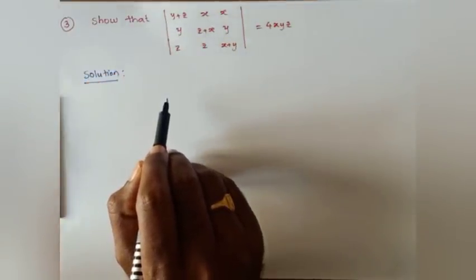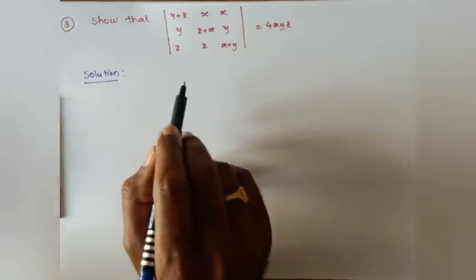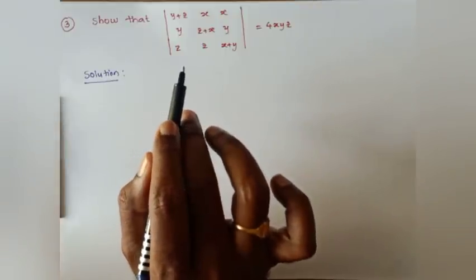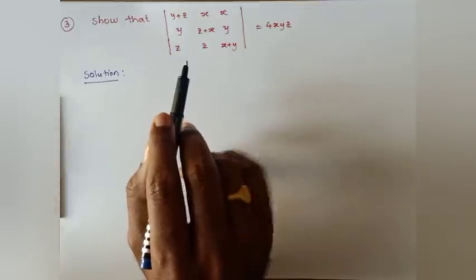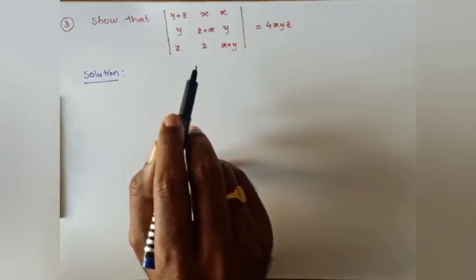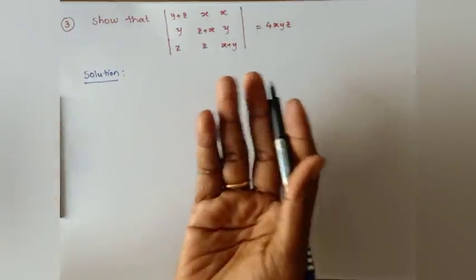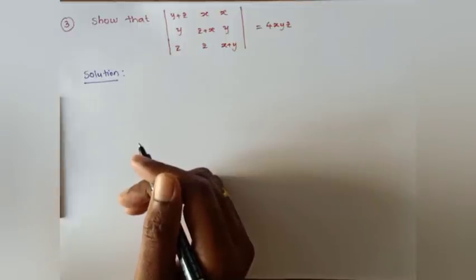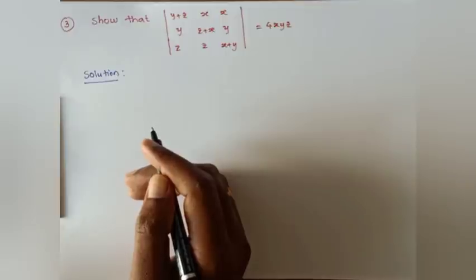Sometimes the problem may have restrictions, meaning without expanding the determinant, and in that case you are supposed to do only the row operation or column operation. Here there is no restriction on this problem, so apply the row operation or column operation or directly expand the determinant using any row or any column.